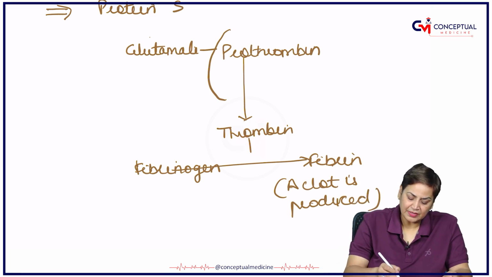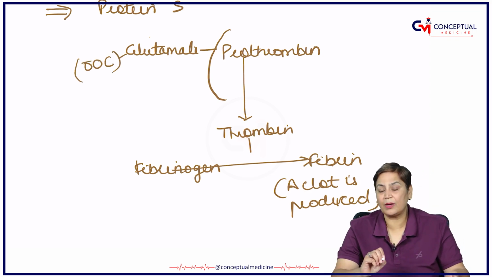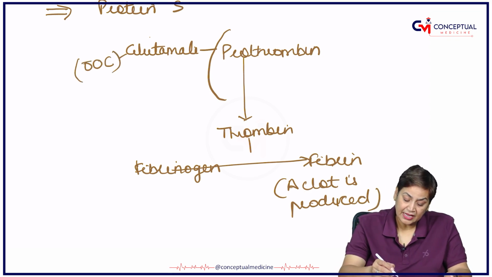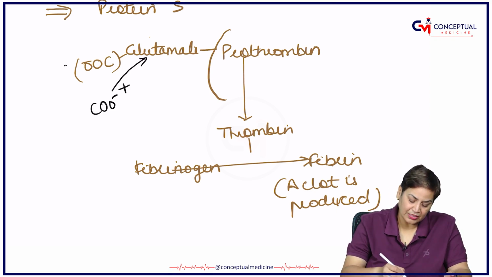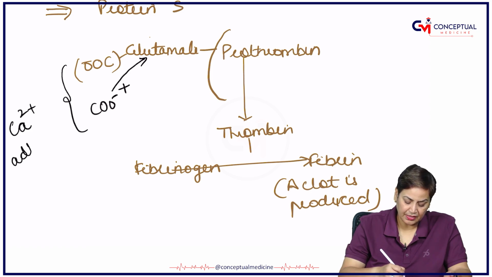This COO is already present here because glutamic acid is an acidic amino acid. Vitamin K is adding one more carboxylic group. So obviously, if one more carboxylic group is added, maximum calcium binding will be there.